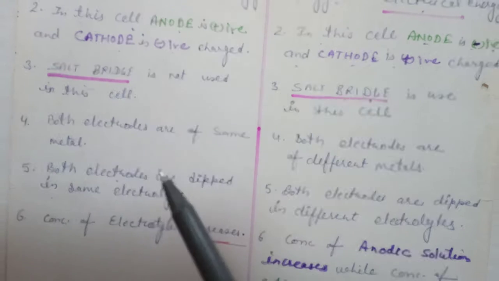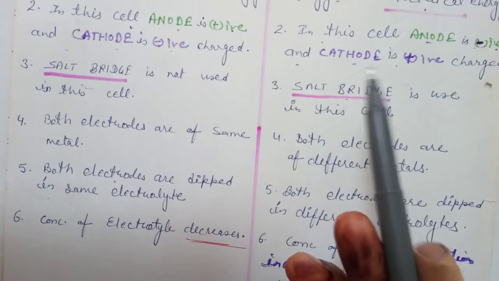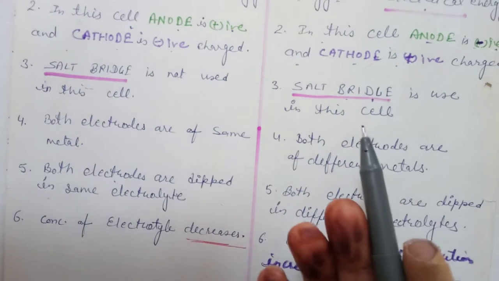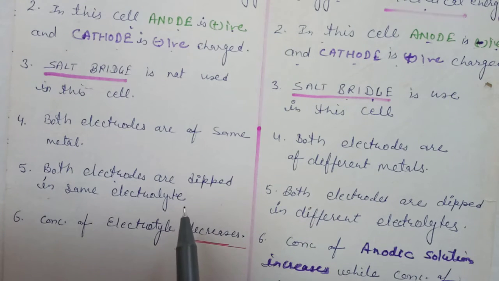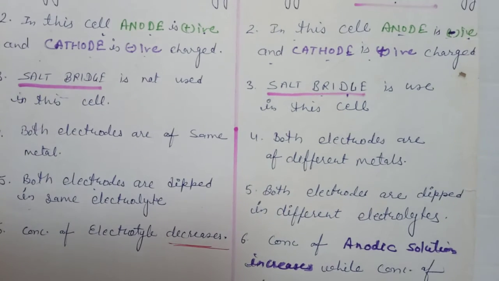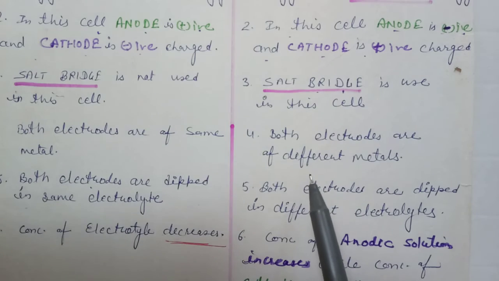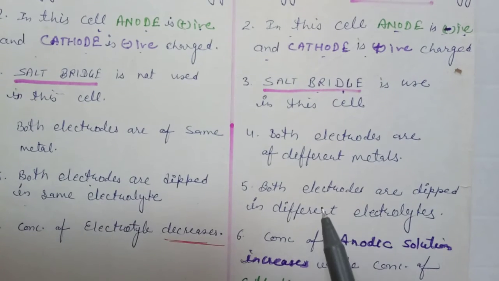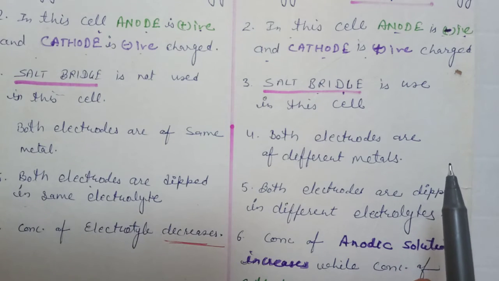As we have discussed, NaCl solution or fused NaCl is used as electrolyte, and anode and cathode are both dipped in the same electrolyte. While in electrochemical cells, the electrodes are dipped in different electrolytes, like in the Daniell cell, the Zn rod is dipped in ZnSO4 solution, while the Cu rod is dipped in CuSO4 solution.